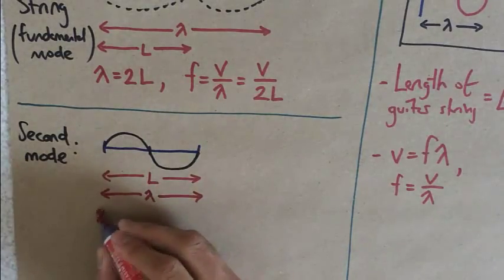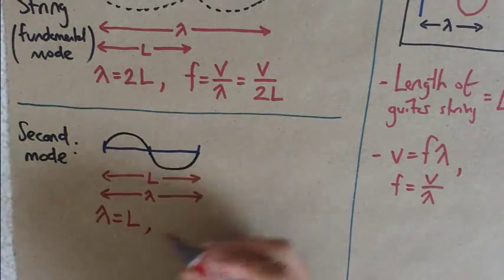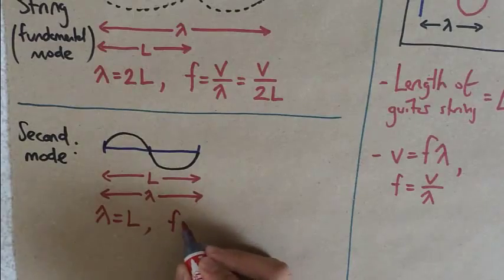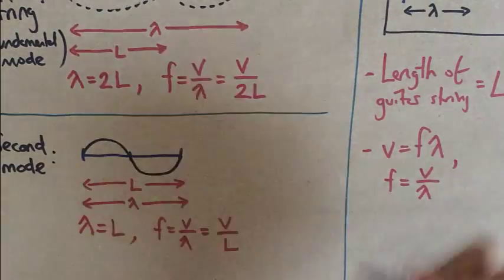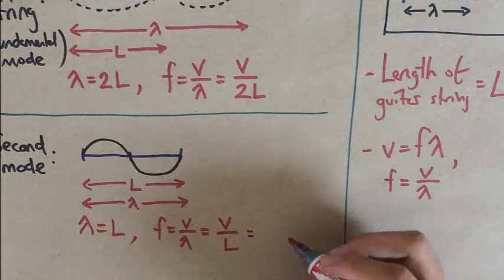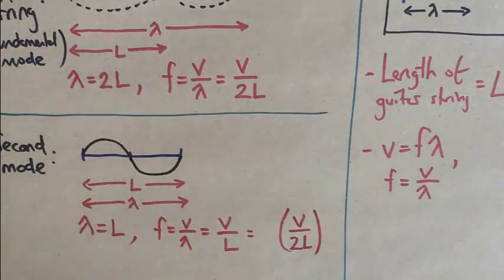So lambda, the wavelength, is the same as the string length, and we can say the frequency is v over L. Now if you compare it to the frequency of the open string, which is v over 2L, you can take a factor of 2, the 2 cancels out, and it gives v over L.